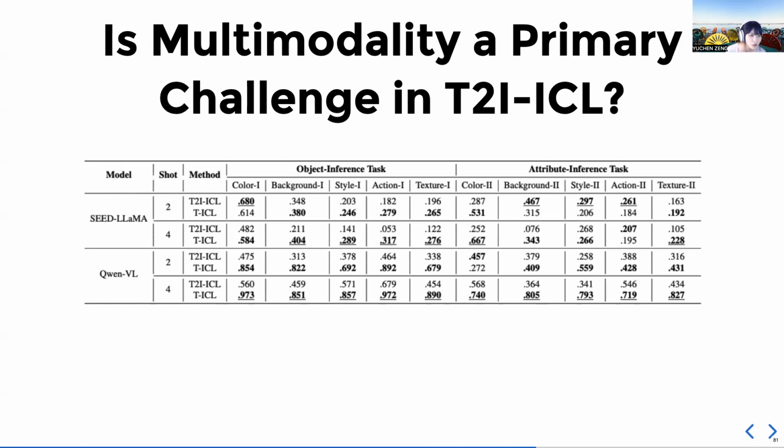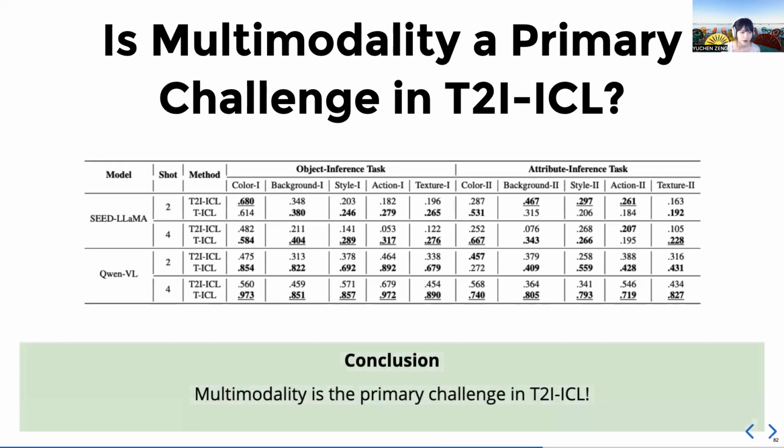For SEED-LLaMA, TICL outperforms T2I ICL on 9 out of 10 tasks. And for Qwen-VL, in the 4-shot case, TICL outperforms T2I ICL on all 10 tasks. So this verifies our hypothesis, which means that multimodality is a primary challenge in T2I ICL.